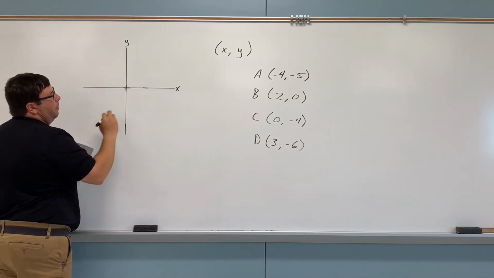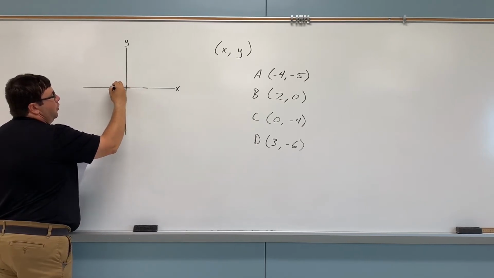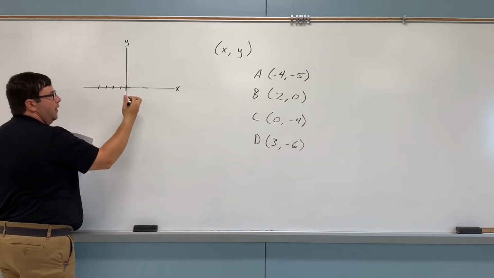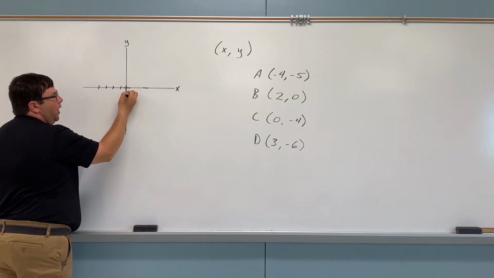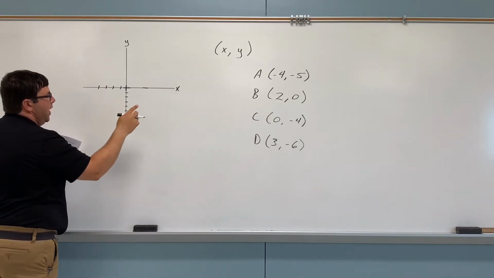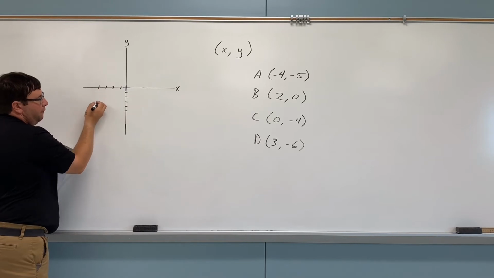So from the coordinates of point A, we would need to move 4 units in the negative x direction, and then 5 units in the negative y direction. So my point A would be at negative 4 for the x, negative 5 for the y.